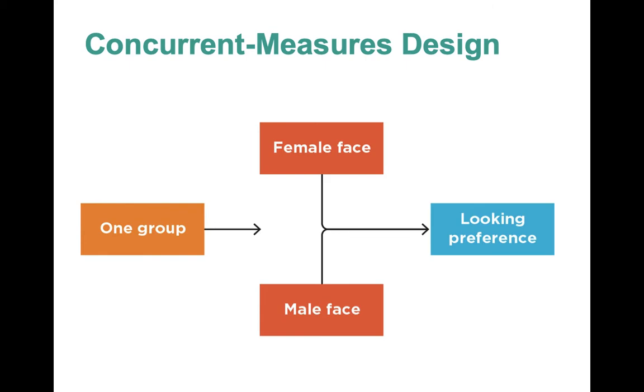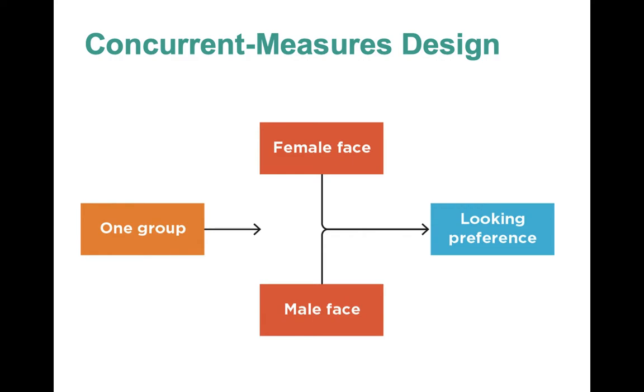A concurrent measures design is one in which participants are exposed to both levels or all levels of the IV at roughly the same time, and there's only a single dependent variable.